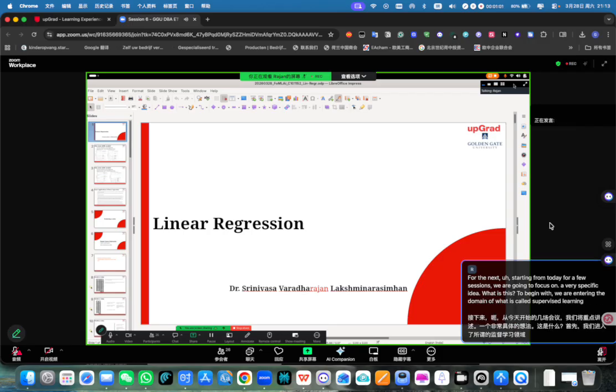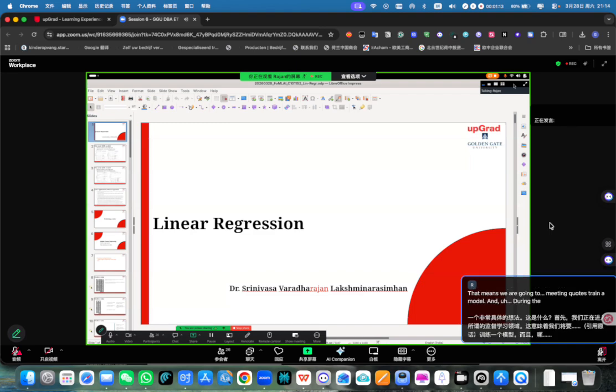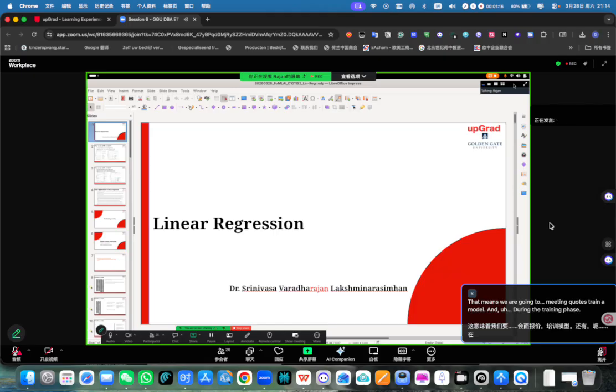That means we are going to, within quotes, train a model, and during the training phase, the expected outcome is also known, right? That's what a supervised model is. So we are entering this field of supervised learning.